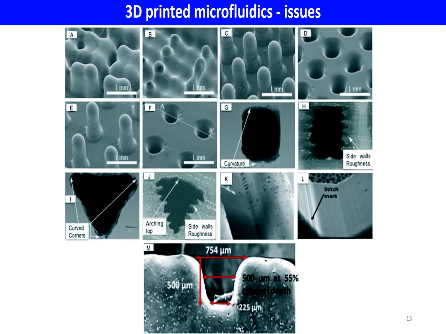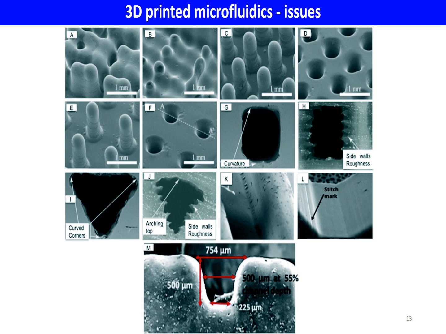And the same thing here, the top is 754 micrometers, but the bottom of this well is 225 micrometers, and the depth is 500 micron, and you can see the walls of the well are not vertical.